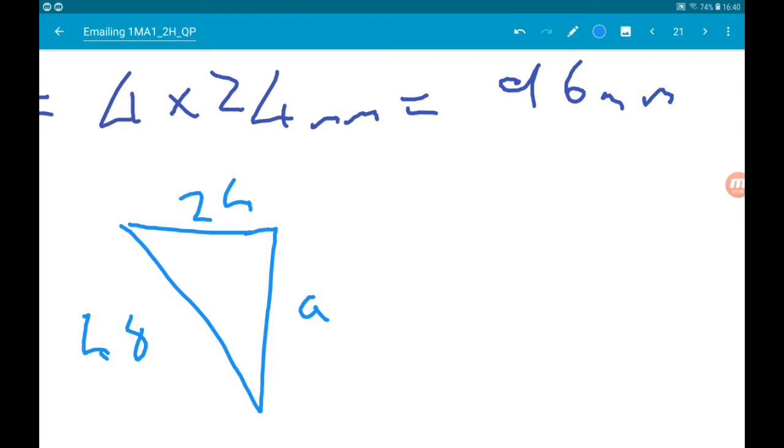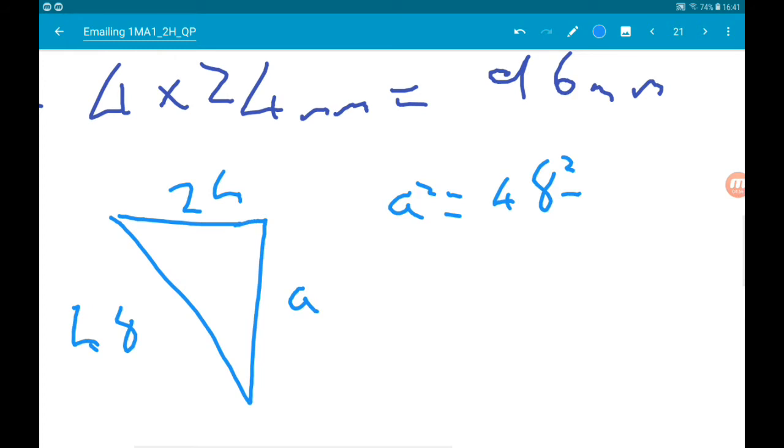We know C though, so A squared is C squared, 48 squared, minus B squared, so minus 24 squared.